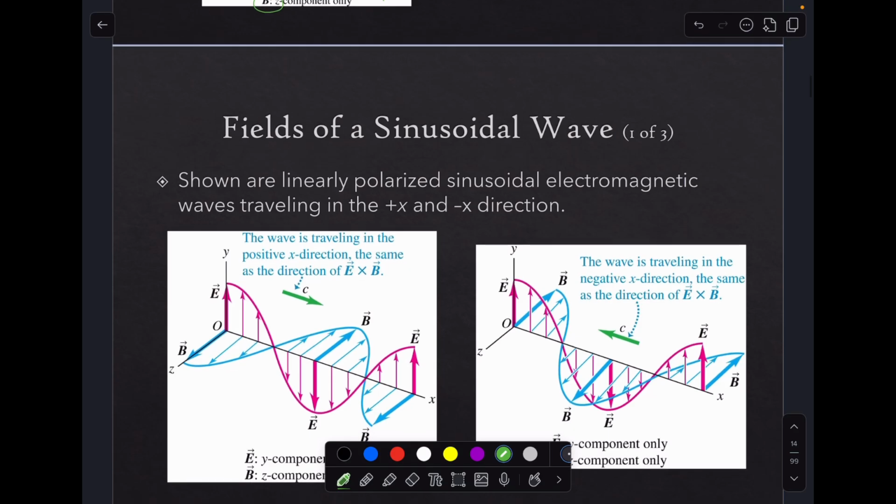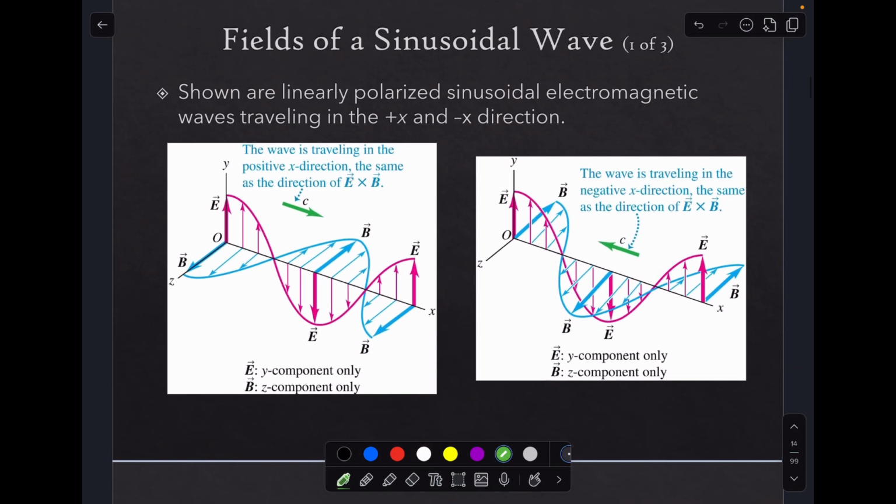So let's take a look at what these waves look like traveling, okay?